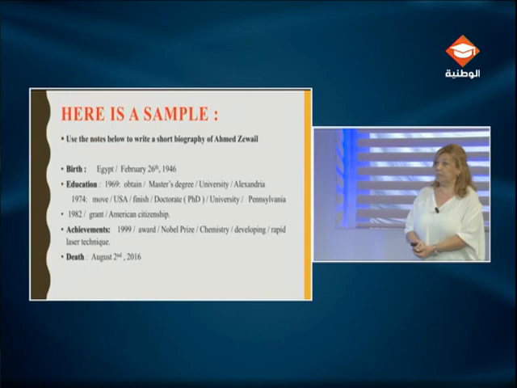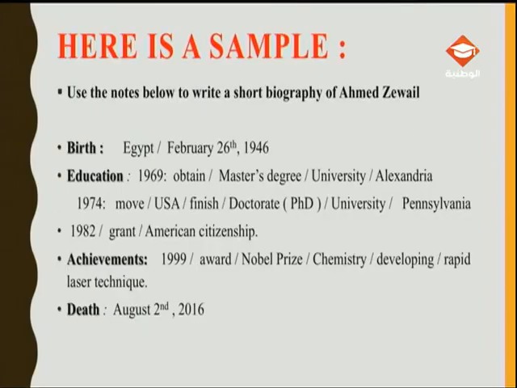Here is a sample. You are asked to write a short biography of Ahmed Zewail. You have learned about him in Unit 3. So, Ahmed Zewail, birth: Egypt, and dates, February 26, 1946.